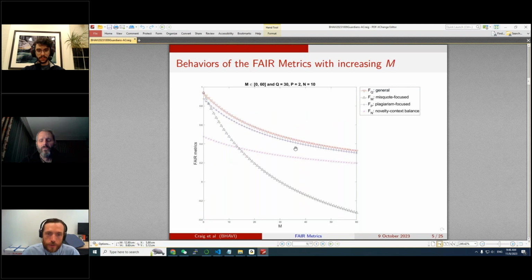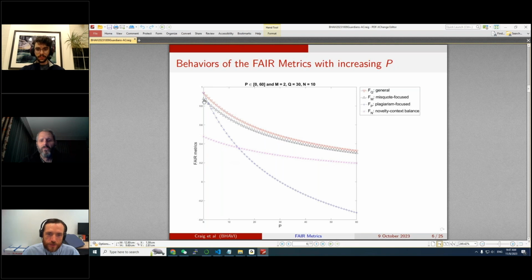Then as we see here, F sub M is more sensitive to increasing the number of misquotes and can actually go negative in more extreme cases.